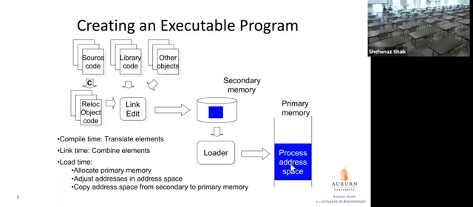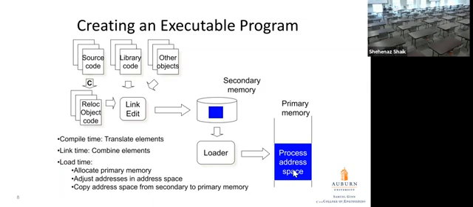Or in other words, we are allocating a part of the physical address space to this particular program, and the loader will load the entire object code into these address locations.